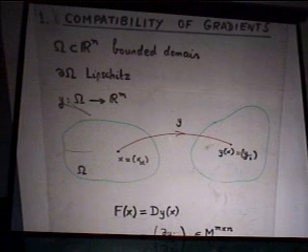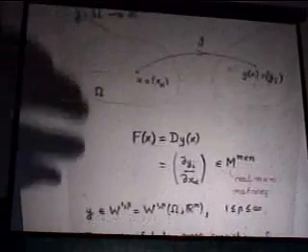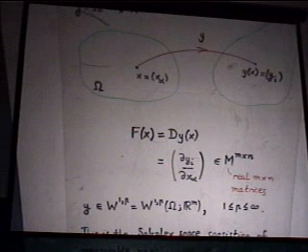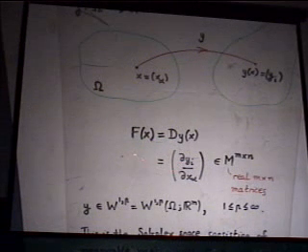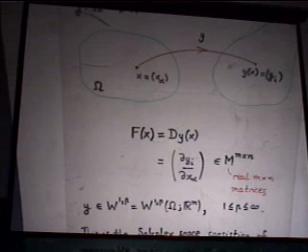Here's the mapping Y. And the object of interest is going to be the gradient of this vector field, which I'll write as capital F of x. So this can be identified, of course, with the m by n matrix consisting of the partial derivatives of the components of y with respect to the components of x. So that's a real m by n matrix. This is my notation for real m by n matrices.